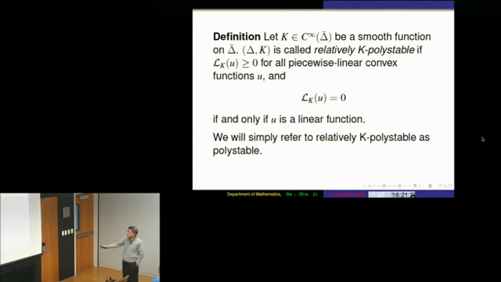Delta_K is called relatively K-polystable if L_K(u) is greater than 0 for all piecewise linear convex functions u, and L_K(u) equals 0 if and only if u is a linear function. This is called relative K-polystable. Sometimes, for simplicity, we call it polystable.